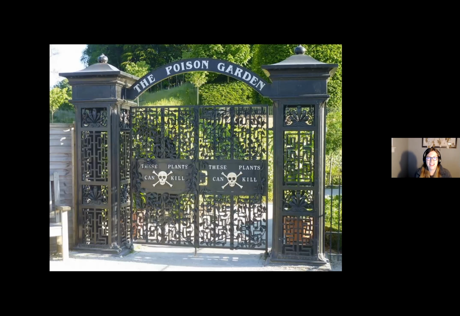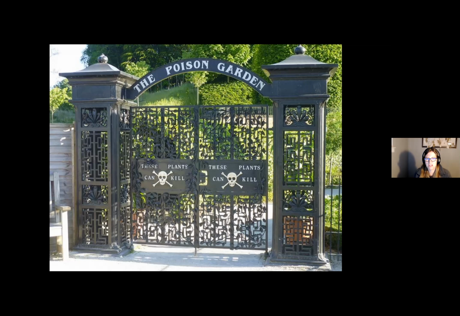garden. It is a living collection of poisonous plants from across the globe. They share some of the stories on the placards. This garden has been active since the 18th century. It varies how many plants they have at any given point in time.